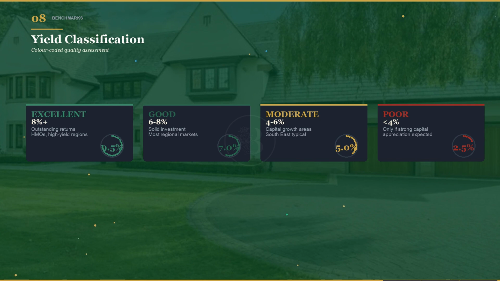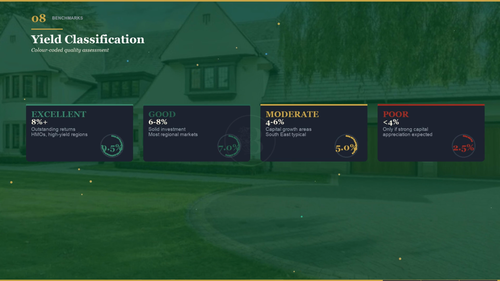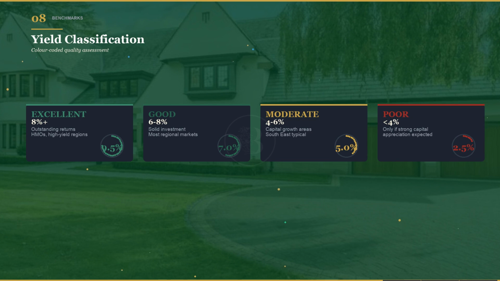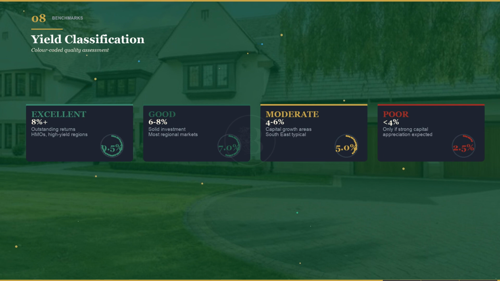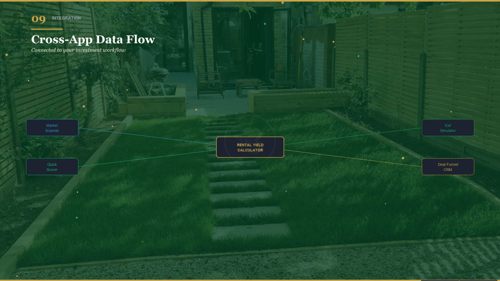Moderate, 4 to 6%, acceptable for capital growth areas like the Southeast. Poor, below 4%, only justified by strong capital appreciation expectations. Each benchmark is color-coded: green for excellent, forest green for good, gold for moderate, red for poor. The animated yield gauge shows your result on a 270-degree arc with a smooth easing animation.